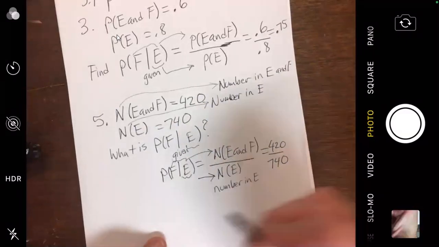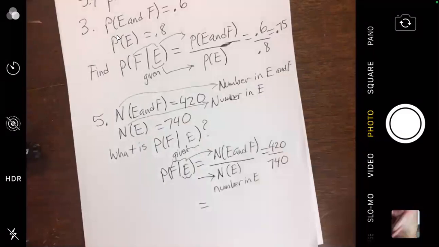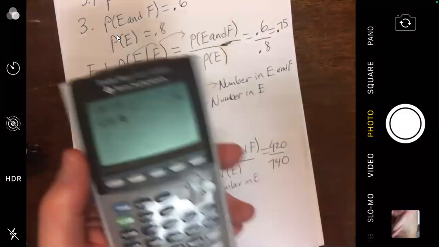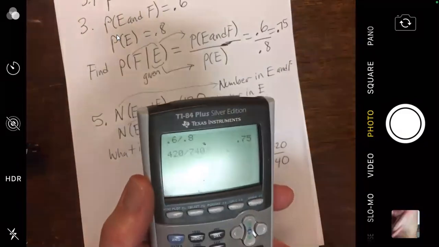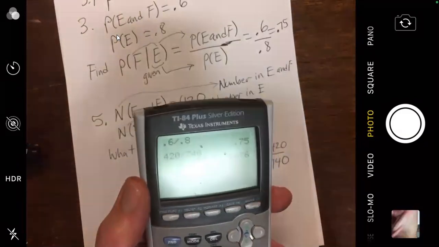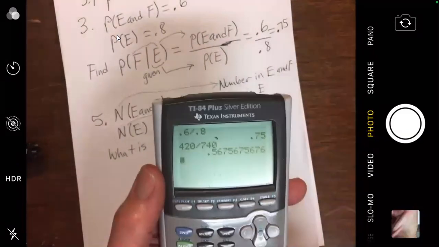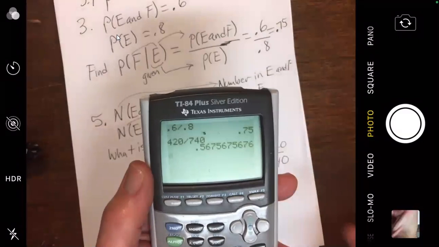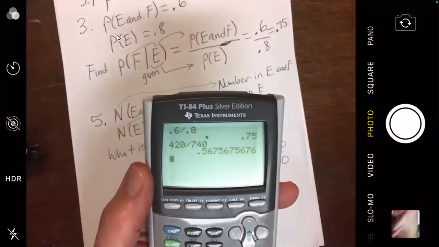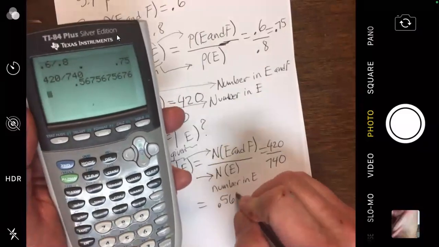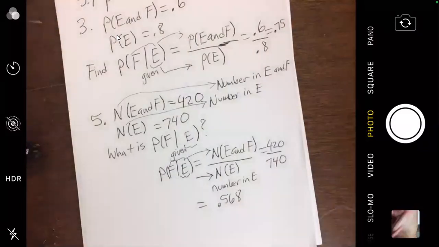And again, this will come out less than 1. 420 divided by 740, 0.5675. You can keep how many places you want, 5, 6, 7. I might call it 5, 6, 8. Questions about that?